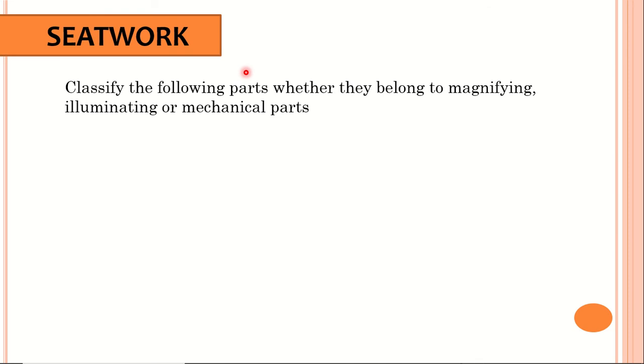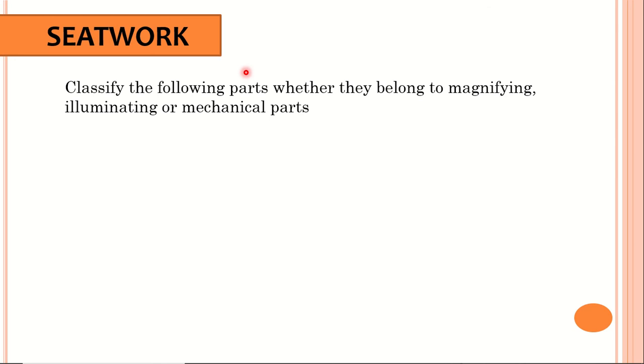Now, we are done identifying the major parts and the specific parts in each major part of the microscope. Now, let's have a short seat work for us to measure your understanding about this lesson. You can get a piece of paper and write the correct answer in this seat work.